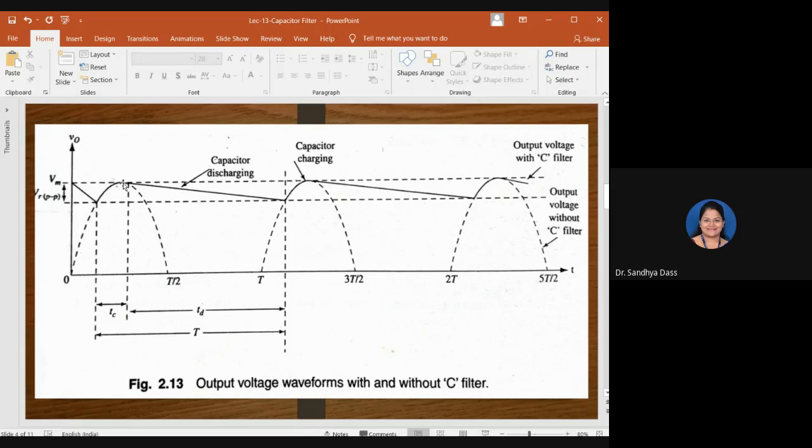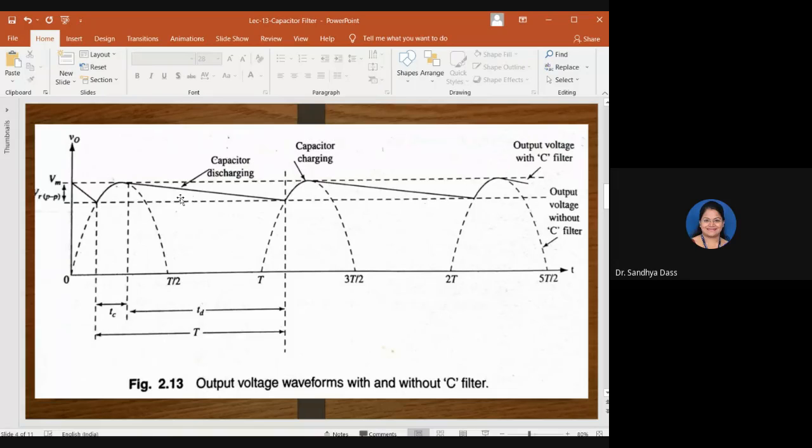So when the capacitor charges to the complete maximum value Vm, observe here, the input is slightly below Vm, but the voltage across the capacitor is still maximum. That is the point when the diode is turned off and the capacitor starts discharging via RL.